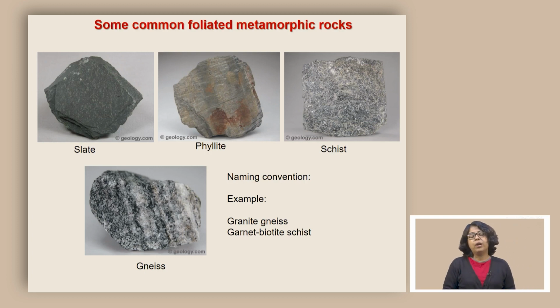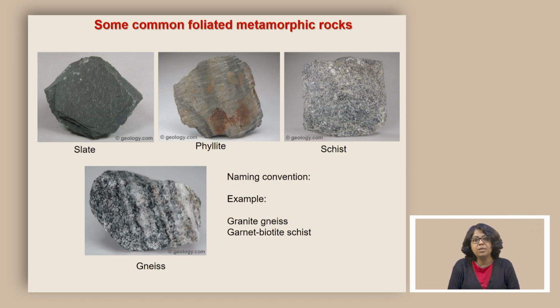So, now when we try to name them, we understand that all of them are foliated rocks and they show a preferred mineral orientation because of which these foliations are being created. When we try to give a name to them, we have to keep track of these foliations or the textures and also of which parent rock they started from. So, for example, it can be something called granite gneiss, which indicates that the parent rock was a granite and now it is showing a gneissic texture.